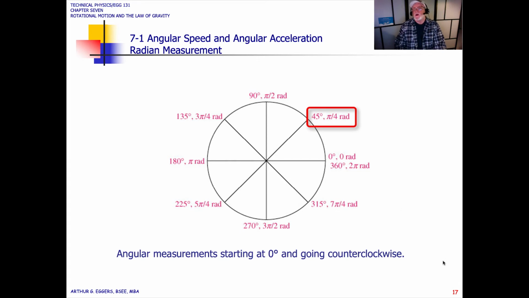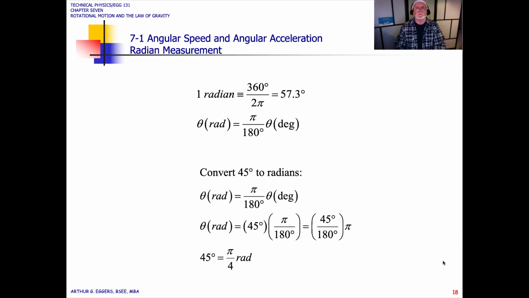Why would we do this? There are cases in radian measurements where we need a radian angle to do the analysis rather than a degree angle, because we start to get into rotational motion. So how do we make this transition or conversion?